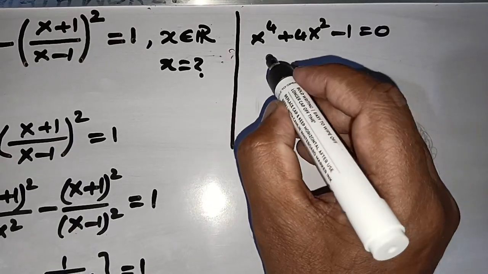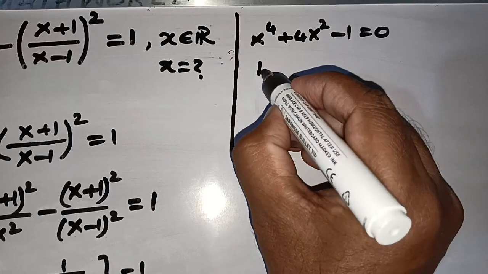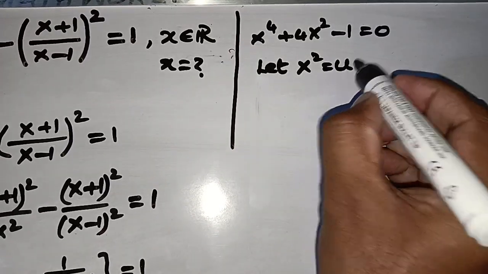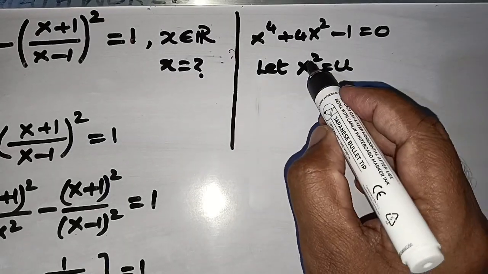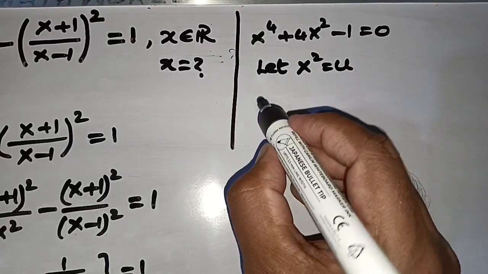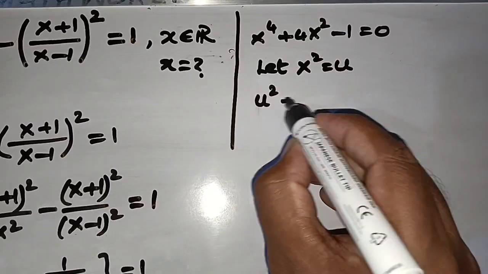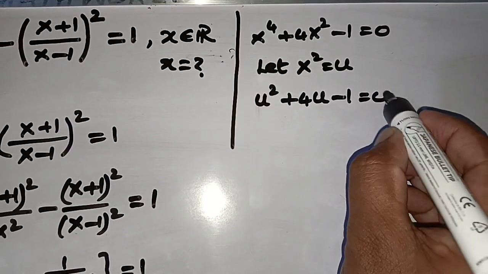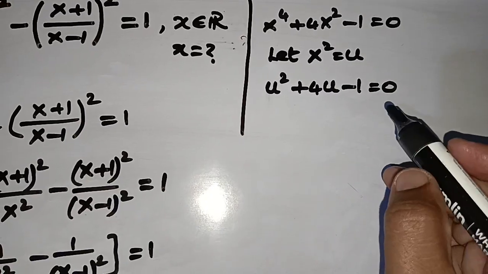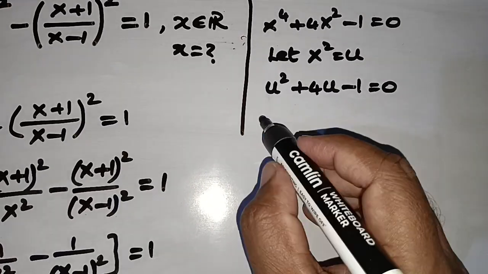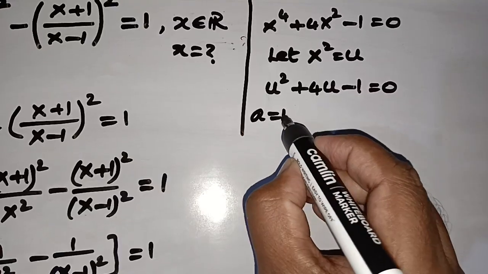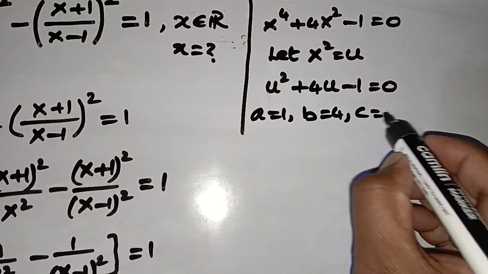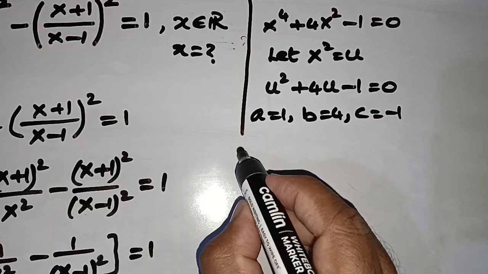So in this equation, if I take x square is equal to u, x to the power of 4 is u square. This equation becomes u square plus 4u minus 1 is equal to 0. This is a quadratic equation. Here a is 1, b is equal to 4, and c is equal to minus 1.